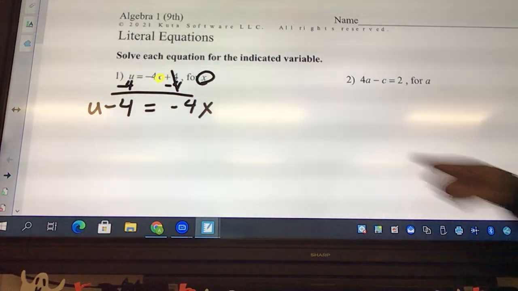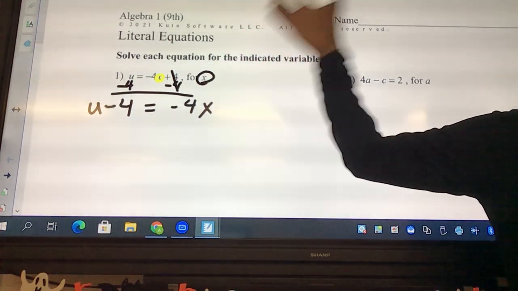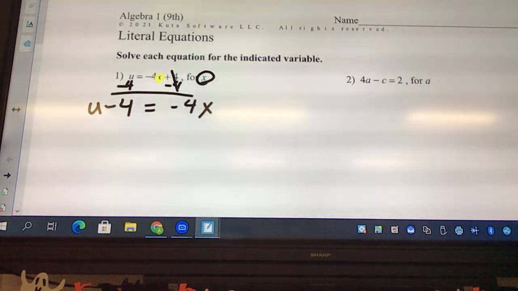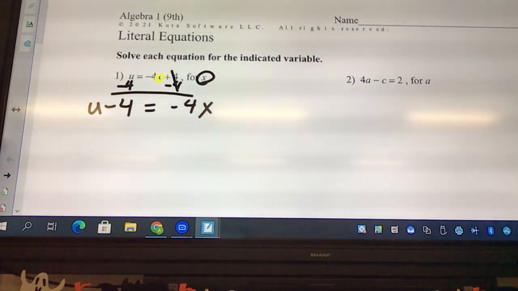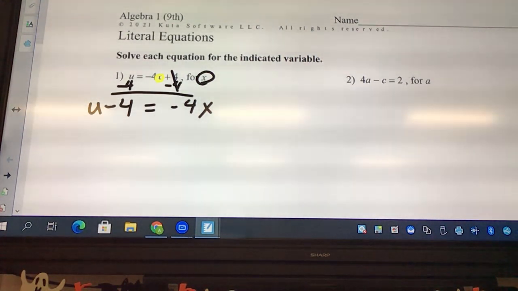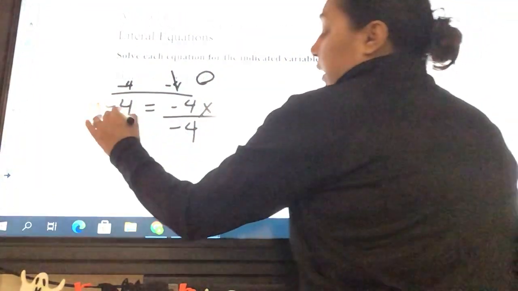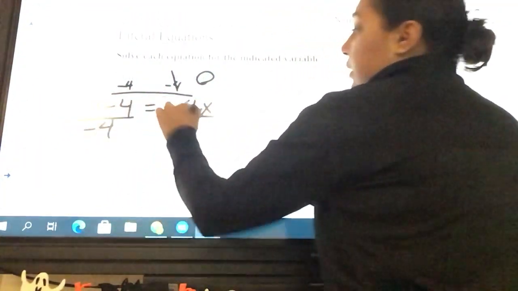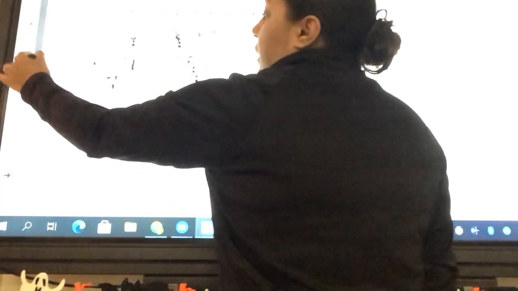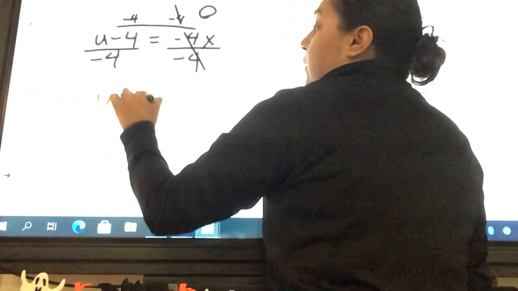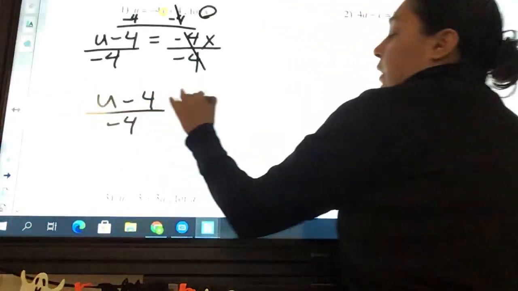So now how do I get x by itself? Well right now it says negative 4x. What does that mean when they're right next to each other? It means times, so we need to divide it by negative 4. So we say divide by negative 4. Well, if I do it to one side, I got to do it to the other side. So I got u minus 4 over negative 4 equals x.